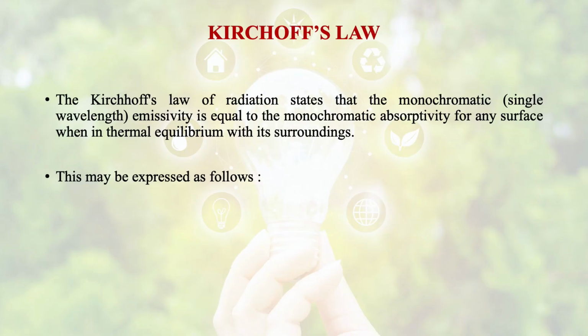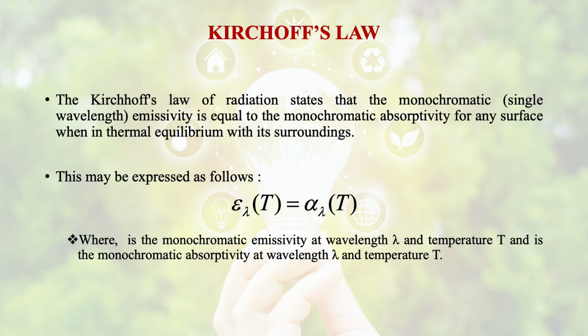Thermal equilibrium we had already discussed in our very first module in the very first week. So we may express emissivity of lambda, T is equal to alpha of lambda, T, where epsilon is the monochromatic emissivity at wavelength lambda and temperature T, and alpha is the monochromatic absorptivity at wavelength lambda and temperature T.